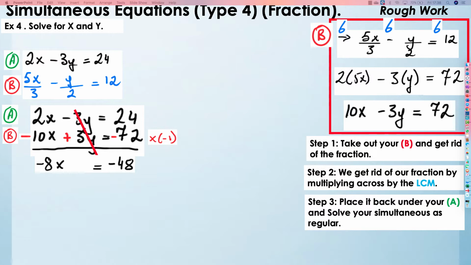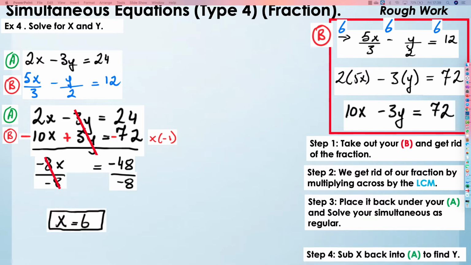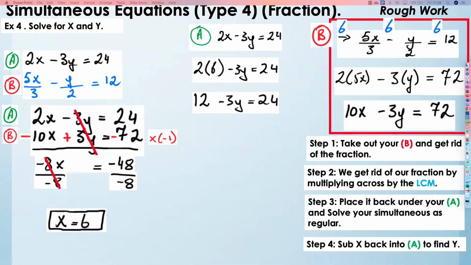Just the top line. So minus 8x equals minus 48, x goes 6 times, so into the top line. 2 times 6 minus 3y is equal to 24.